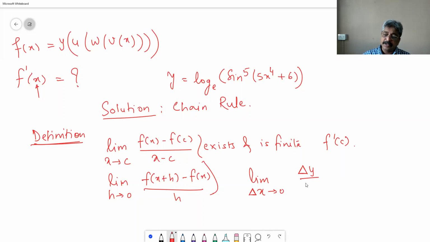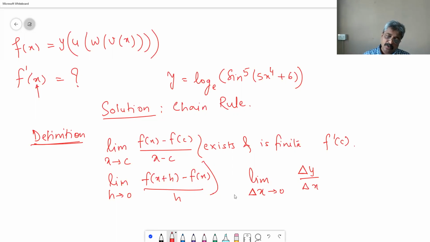Delta y upon delta x. Delta is change. Change in y is in the numerator, change in y per unit change in x, that is in the denominator, and the unit change in x is tending to 0. That is our limiting procedure.